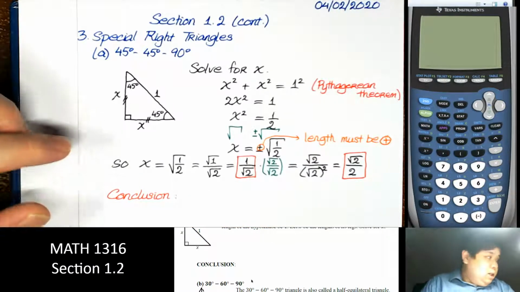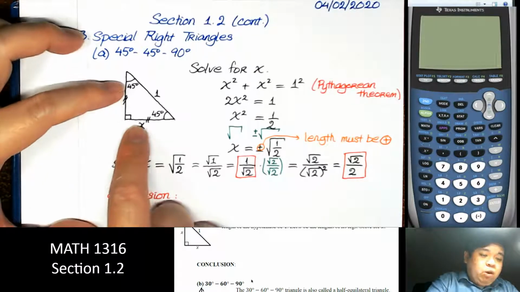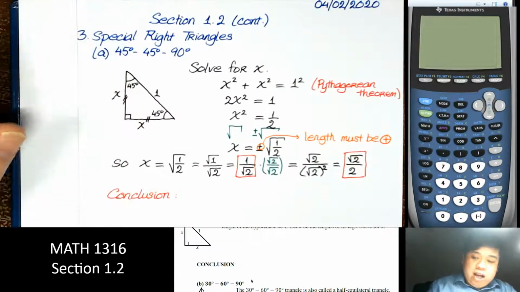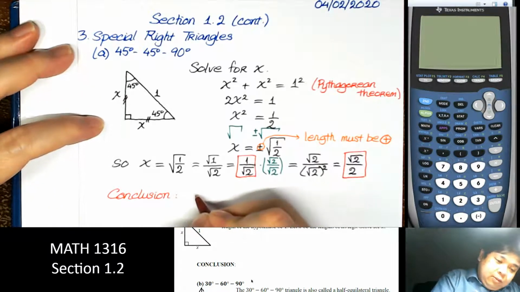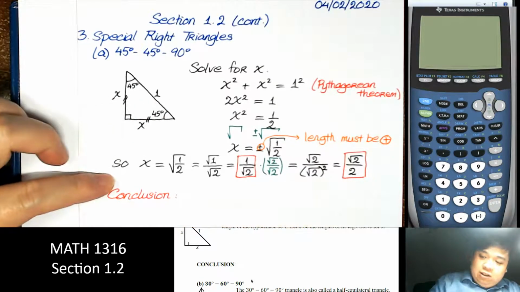The conclusion is: opposite to the 45, 45, and 90 degree angles, we have the ratio of lengths x and 1.